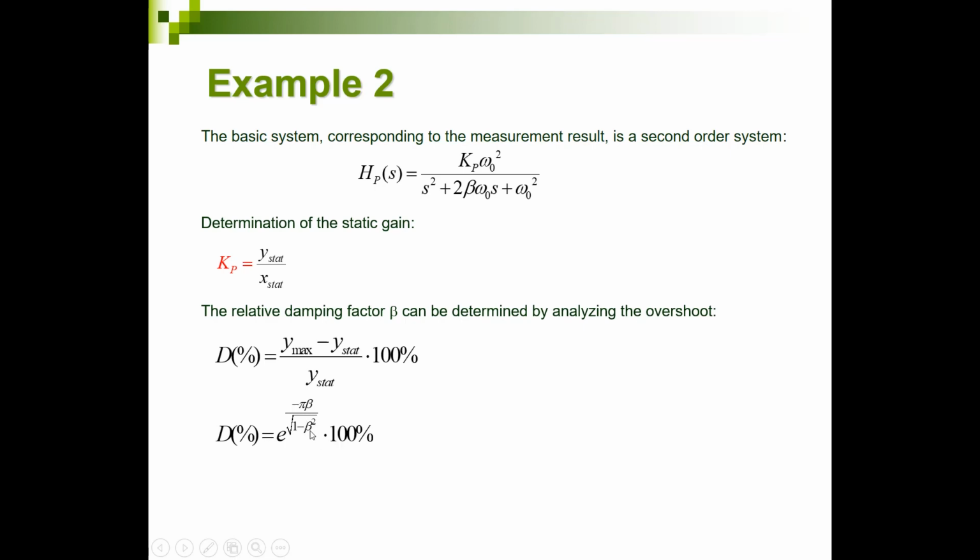So beta is a relative damping coefficient, and by saying that this equation and that equation should be the same, then we have a measured value over here, and we can calculate the beta over here. So that gives us beta, which is one of the missing parameters from my second order transfer function.